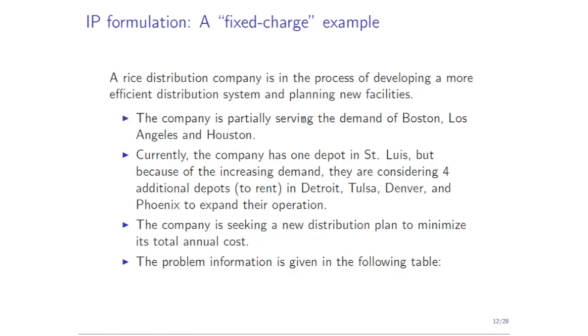And obviously the company is looking for a new distribution plan. They are willing to rent new depots in different cities because they want to have more customers and expand their business.